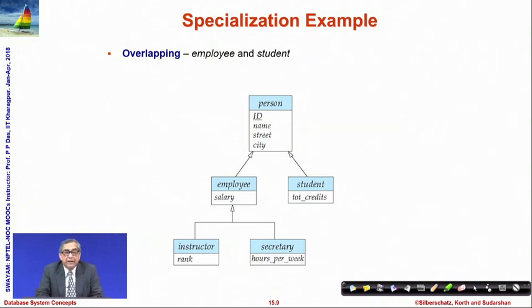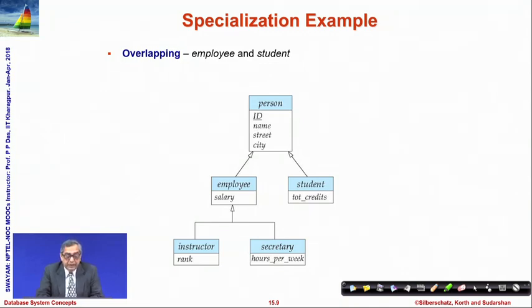A similar entity set, student, is a specialization of person, where again all attributes are inherited, but there is a common attribute called total credits, which is common for all the students, but is not common for persons in general. And as you can see, it could be hierarchical, it could go further down.